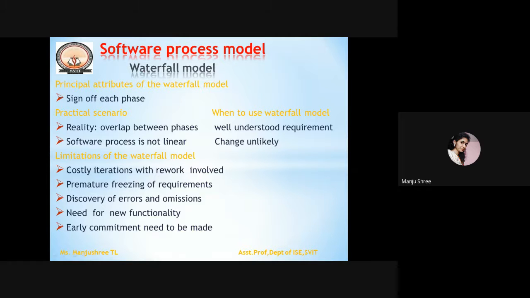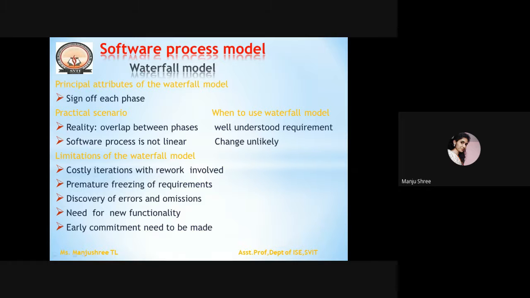In practice, the software process is definitely not a linear model as depicted in the waterfall model; it involves a certain amount of feedback from one phase to another, which is not facilitated in the waterfall model. So the software process is not linear.